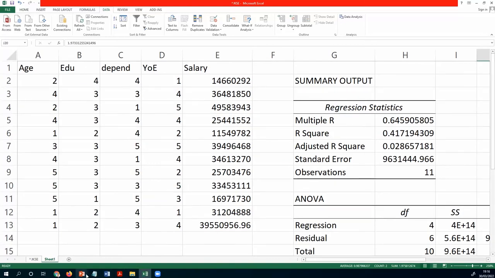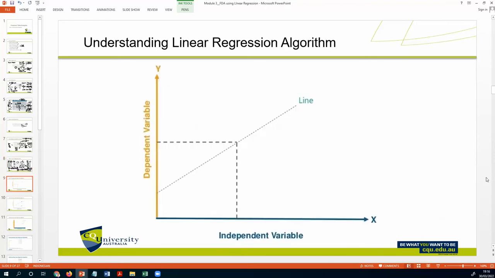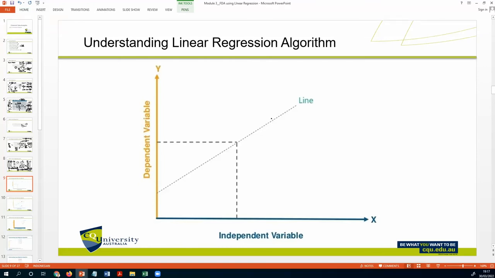Okay, continue back to the slides. Yeah. So we analyze the trend and estimate the sales. So in understanding linear regression, given that you had my demo on Excel, the line will be linear, something like this. Yeah. This is what we call a linear model.